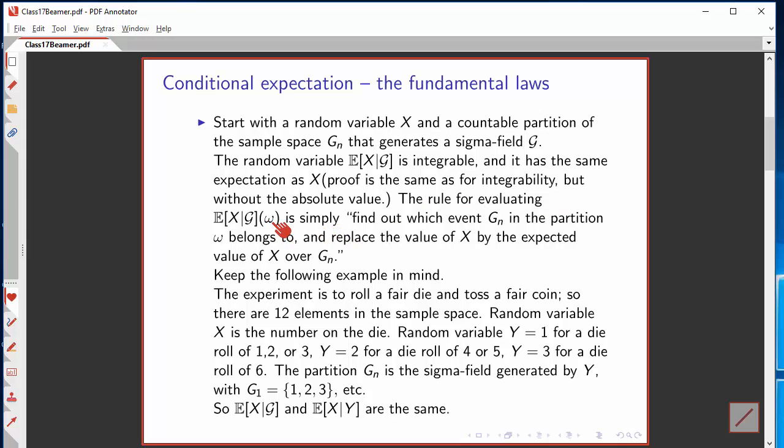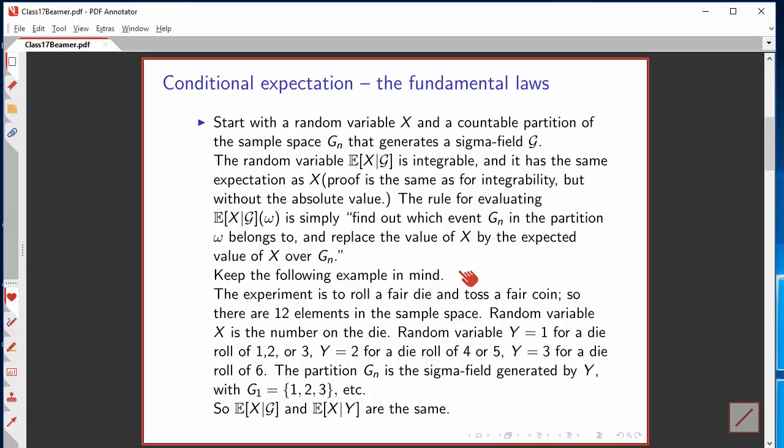It's a function, remember, and when we evaluate it on an element omega of the sample space, the way we do it is we figure out which event in the partition omega belongs to, and then we take the expected value of X over that partition, and that replaces the value of X on omega itself. So it's sort of averaging out over the partition.